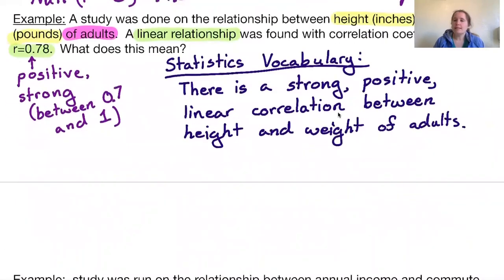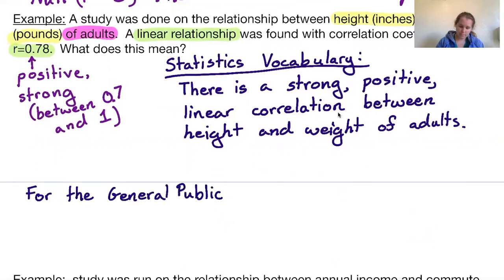If we want our non-statistics vocabulary version, so this is essentially what would make sense to the general public. For the general public, interpreting the positive, what we can say is, so positive, we have high variable 1 is paired with high variable 2.